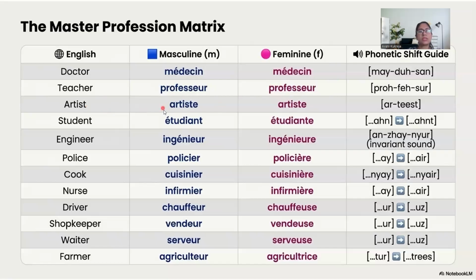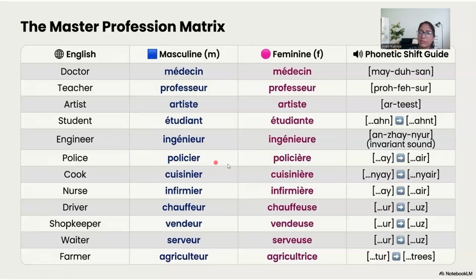Artist in French is artiste, and the feminine is artiste. Student is étudiant, feminine is étudiante. Engineer is ingénieur, feminine is ingénieure, same pronunciation.